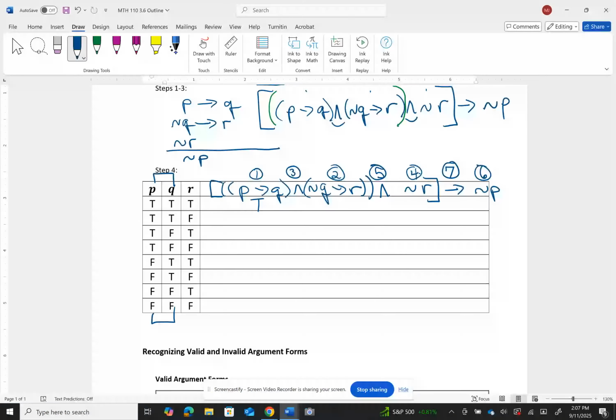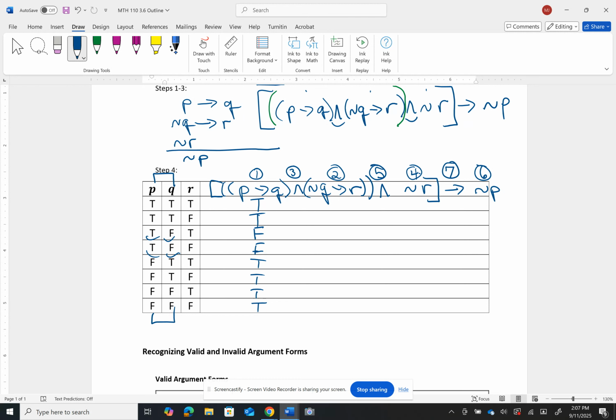I know for it to be false, the only time it's false is if it's true followed by false, which would be these two. See, there I have a true followed by false. But if it's false to start with, it's going to be true all the way down the line. And if it's true followed by true, I know it's true.